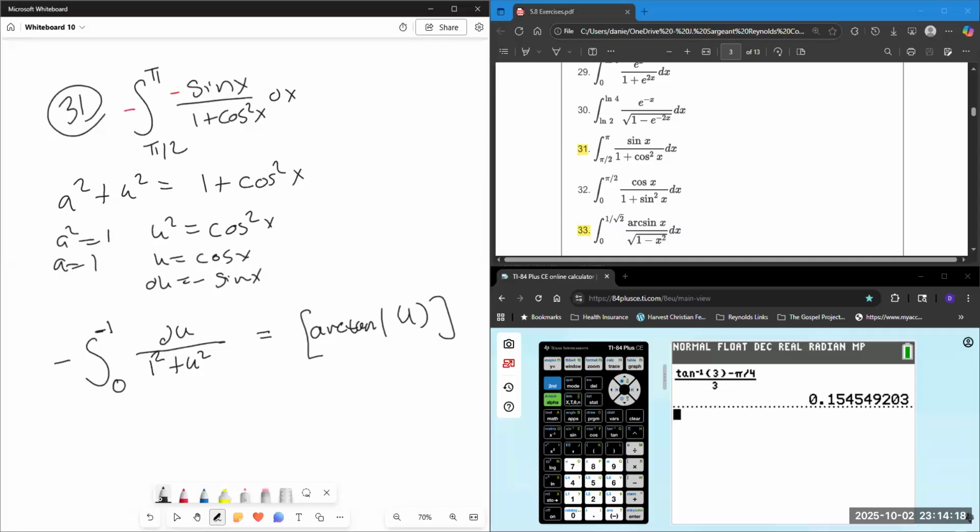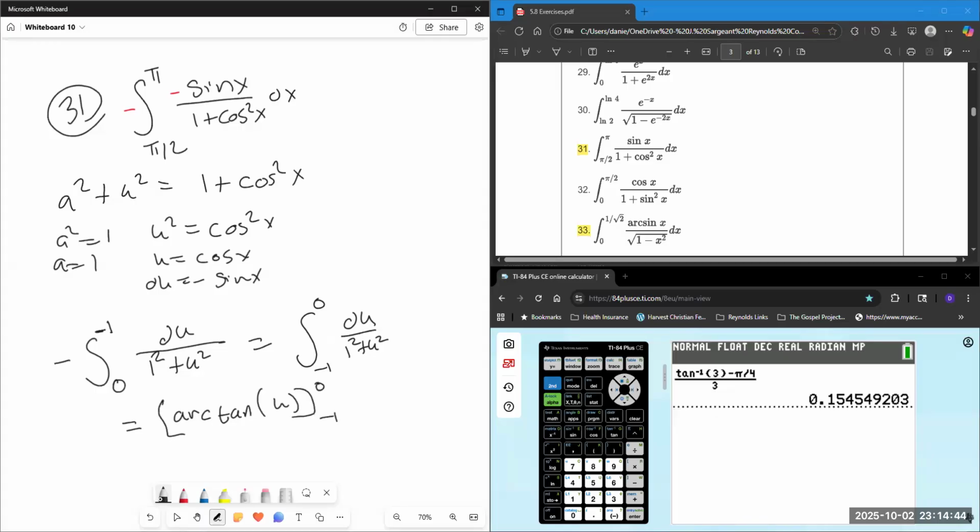Well, I should change my bounds of integration before I do this. This is going to be negative 1 to 0, du over 1 squared plus u squared, which will give me 1 over 1 is 1. Arc tangent of u over 1 is u. Now that's evaluated from negative 1 to 0.